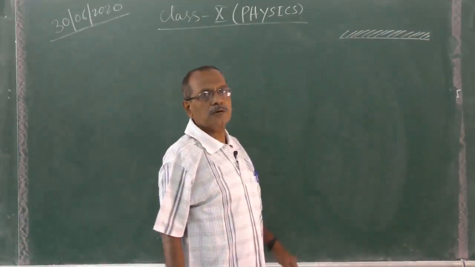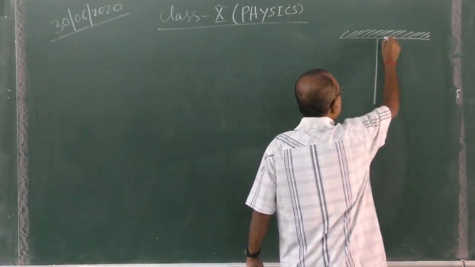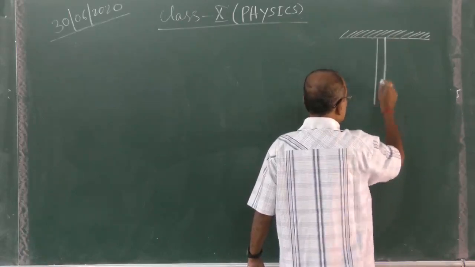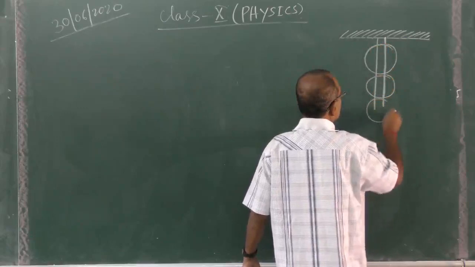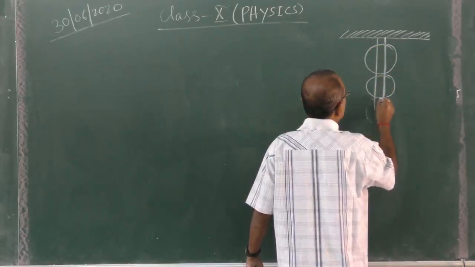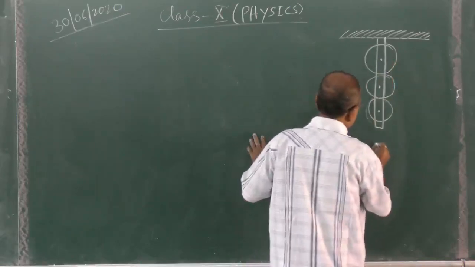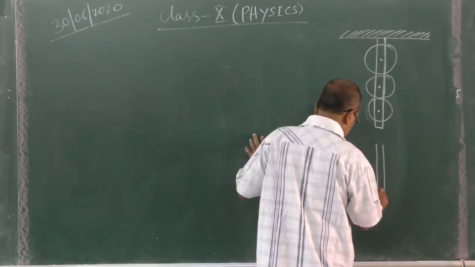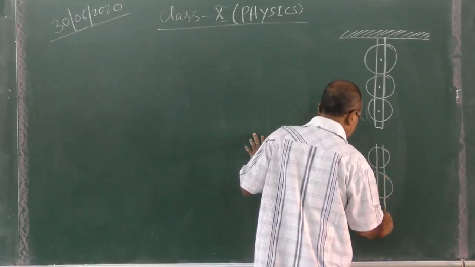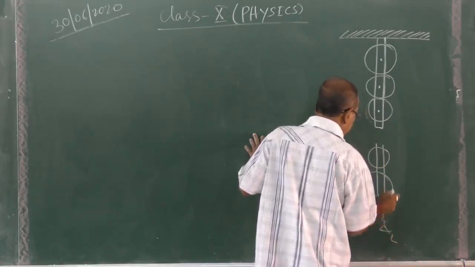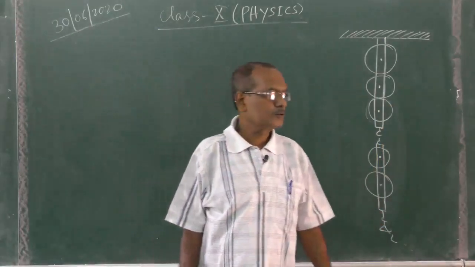If you miss this one, you will lose marks, because this is where the pulleys are suspended or hanged. This is given in the question.